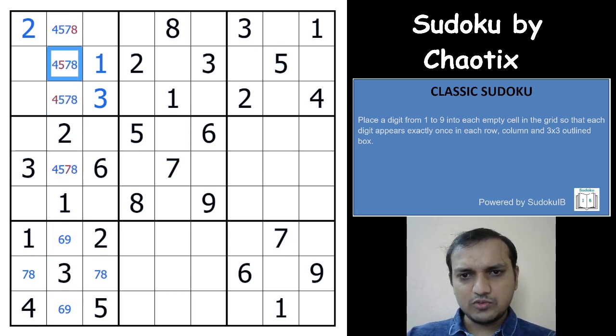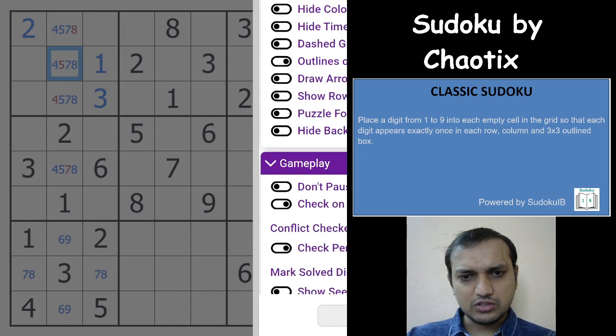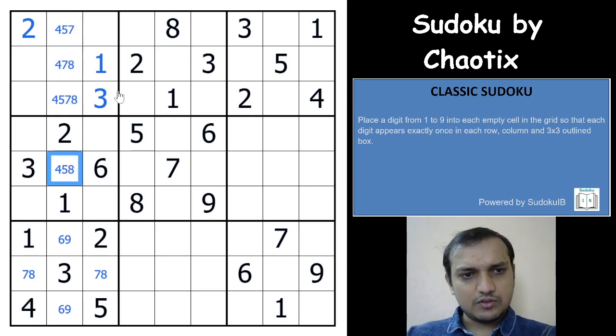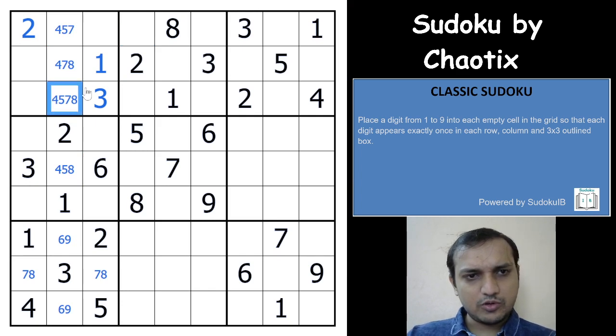I'll just remove the conflict checker, I don't want that for now. But let's see. 7, yeah, right. 4 cannot be here.